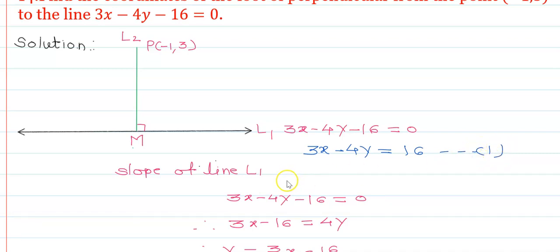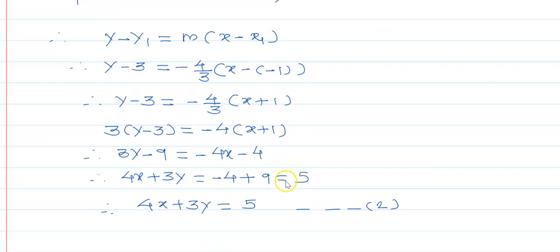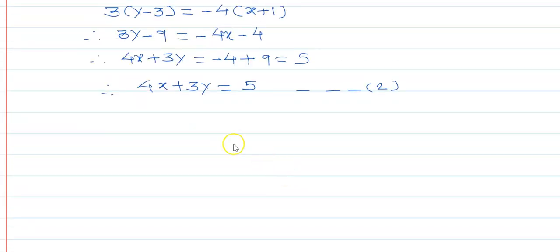Now we'll solve these two equations simultaneously. Equation 1 is 3x - 4y = 16.